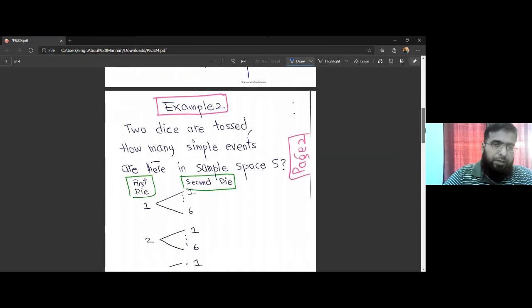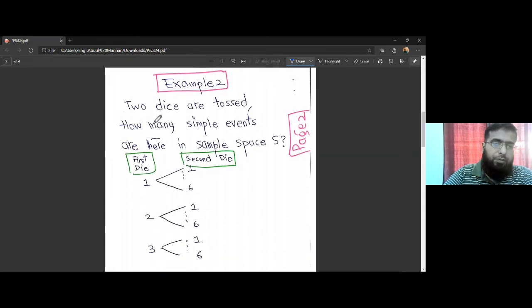Or there's another example. Two dice are tossed. How many simple events are there in sample space S? For example, if one die is tossed and we get a 1 on that, and then a second die is tossed, for 1 on the first die there are 6 options for the second die: 1 on first die and 1 on second die, 1 on first die and 2 on second die, and finally 1 on first die and 6 on second die.